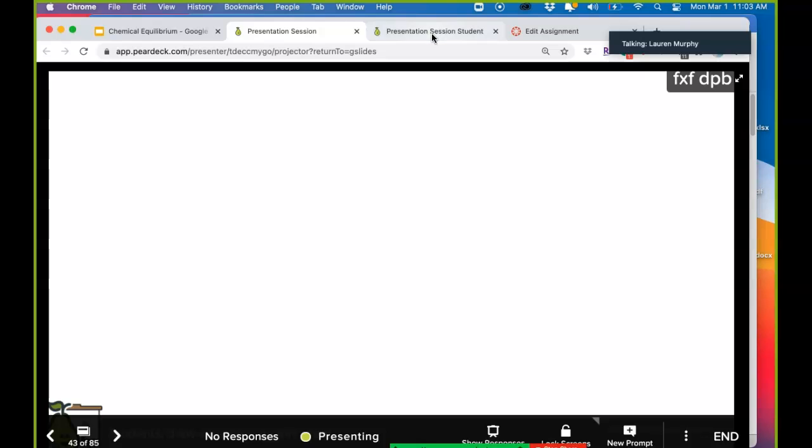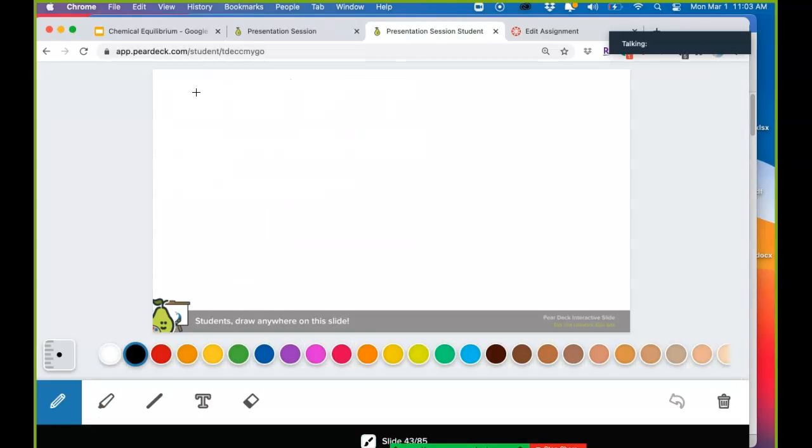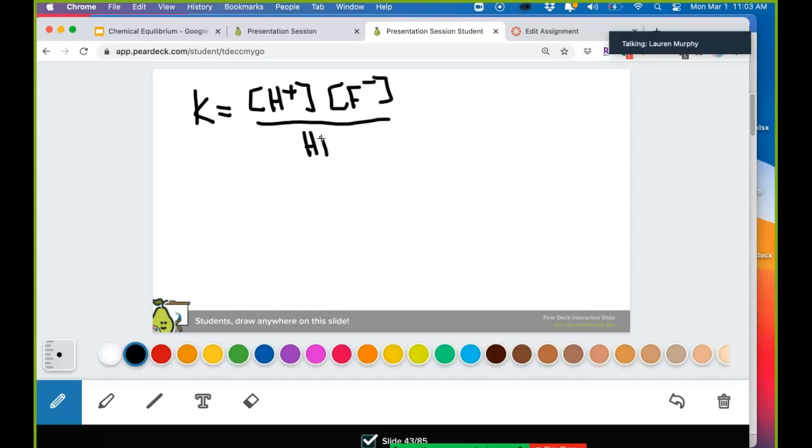So let's write out the expression. K equals products, and everything is aqueous, so I get to include everything, over reactants. And everything was 1 to 1 to 1, so this is it. And again, they call this Ka because HF is an acid. And I actually know this number. It's 3.5 times 10 to the negative 4th.